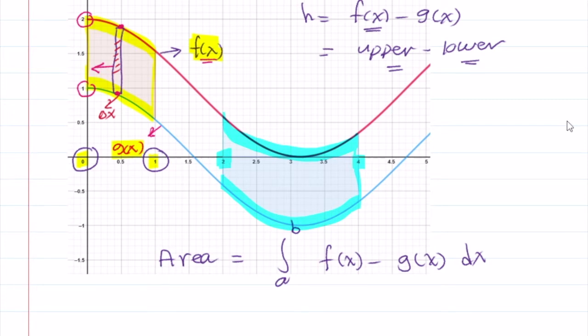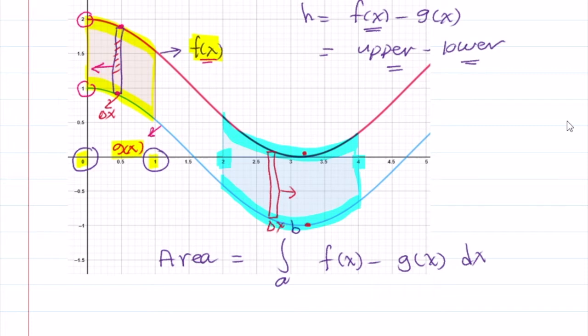In the same way, I can approximate the area first. To approximate the area, I will draw a small rectangle with height equal to f of x minus g of x, and width equal to delta x.